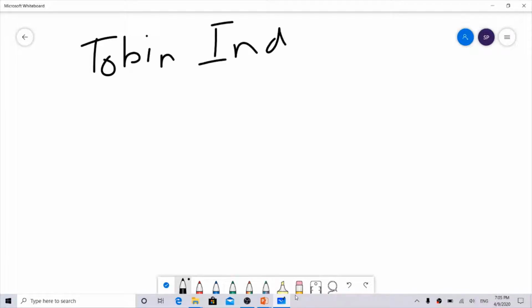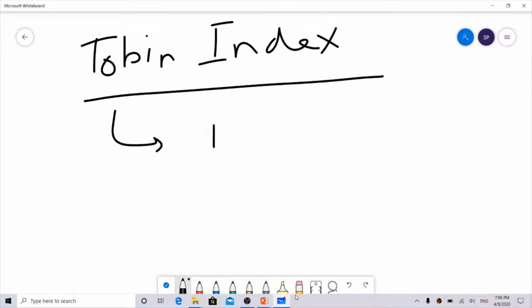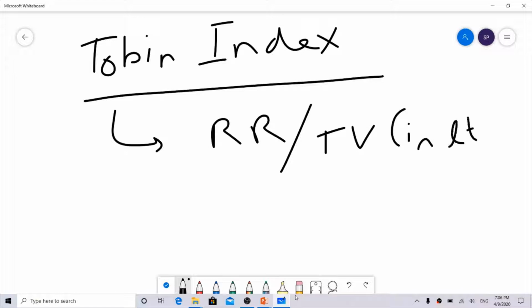Now the second thing we do is calculate something known as the Tobin index. The Tobin index is respiratory rate divided by tidal volume, and please remember, this is in liters, not in ml, because we are so used to tidal volumes in ml. So what does this mean?